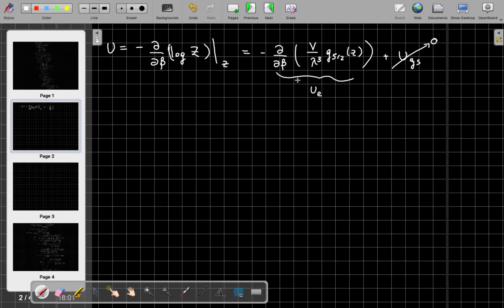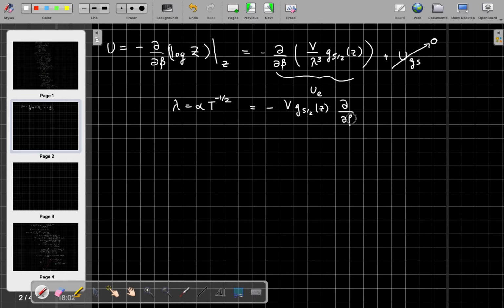Okay, so this is fairly easy to calculate. I won't do it because I forgot what lambda is, well, we could do it actually. So set lambda equal to alpha T to the minus 1/2, and this is equal to minus V g 5/2 of z. Remember, z is constant. The derivative is done with z constant.